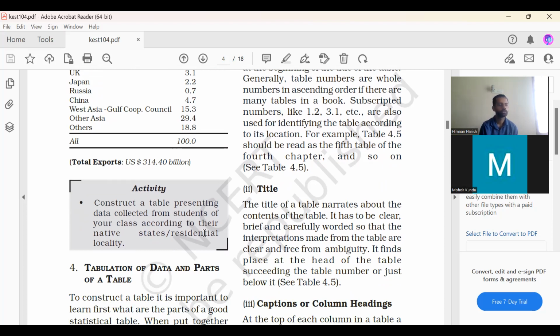There'll be a diverse representation in a school because there'll be students from other states or from the native state or the home state, and students from different residential localities in the city that can be classified in terms of spatial classification, which is according to the place.